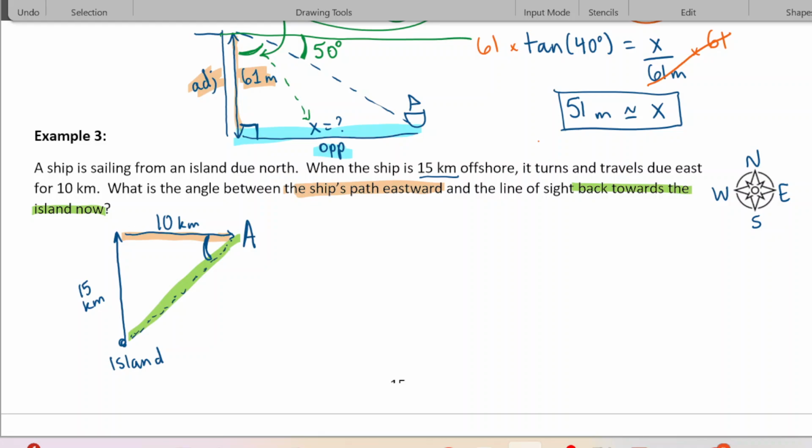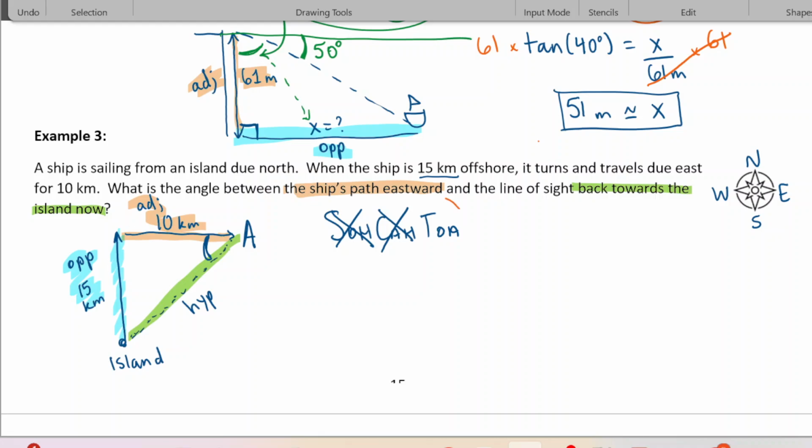Okay, so let's label our triangle and set up our ratio. So this is the opposite side. This is the adjacent. This is the hypotenuse. The two sides that I know the side lengths for are the adjacent and the opposite. So let's write our SOHCAHTOA down. I don't want to use anything with a hypotenuse in it because I don't have that side length.